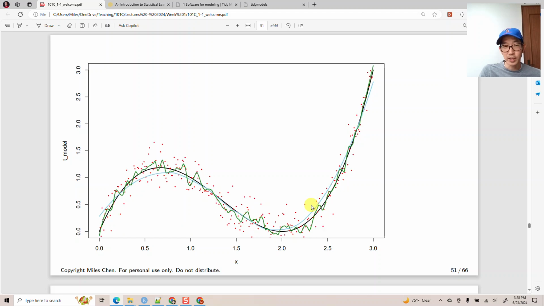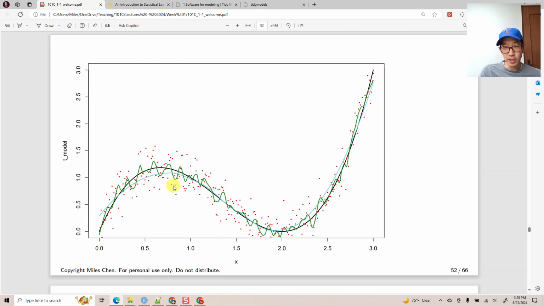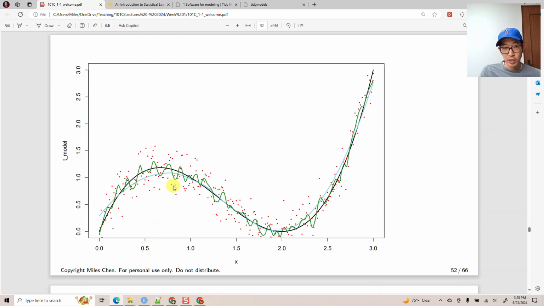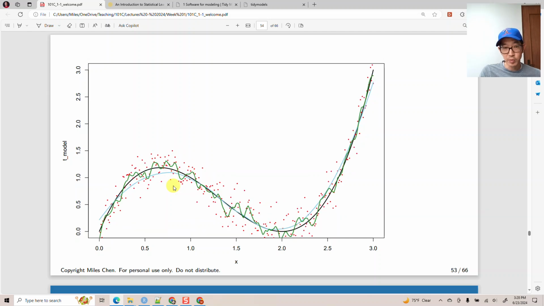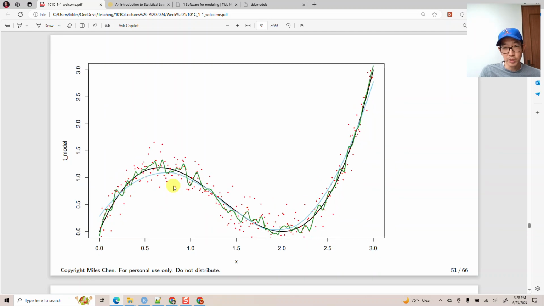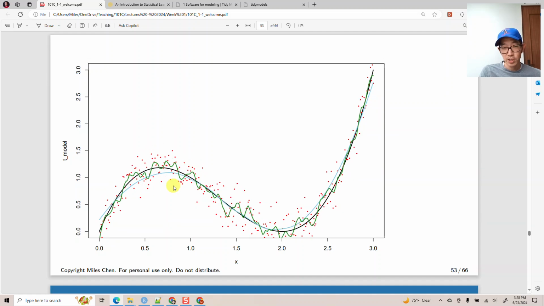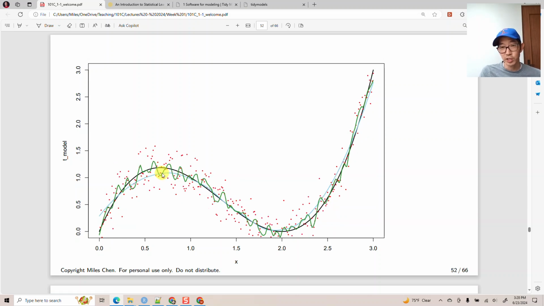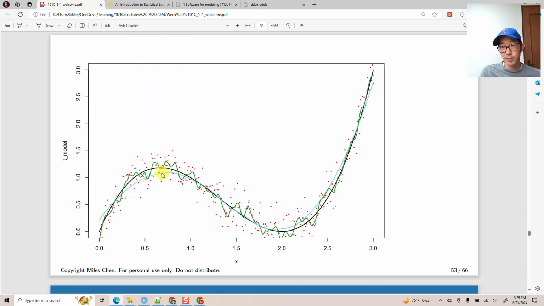Now I'm generating another random set of red dots. The true relationship should look exactly the same across all three graphs, while the red dots are random each time and so they change for each graph.